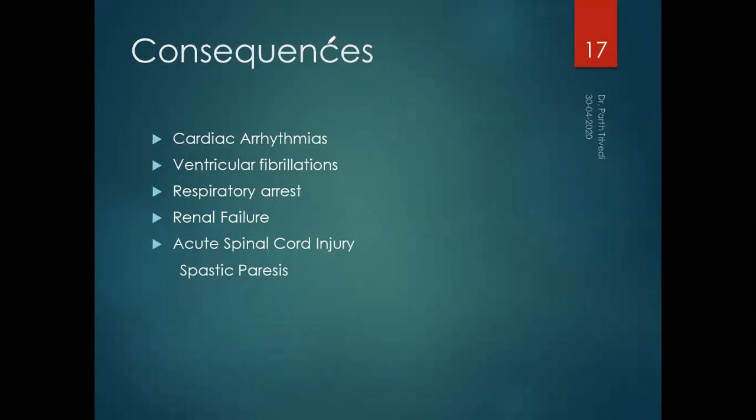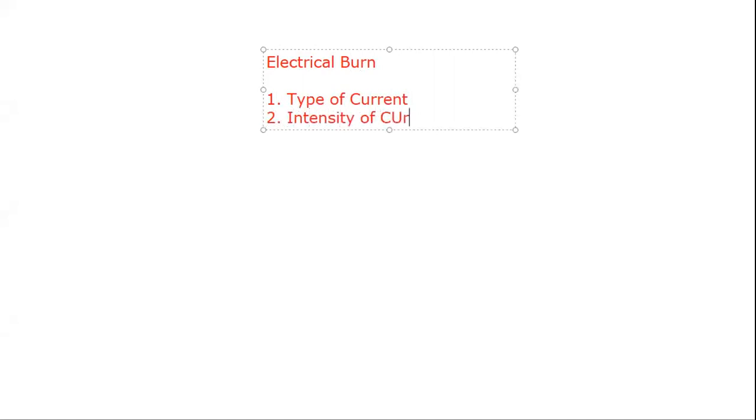We have already discussed thermal burns, the basic type. What we discussed today is electrical burns. In electrical burns, it depends first upon the type of current, second the intensity of current, and third the area of the body involved.